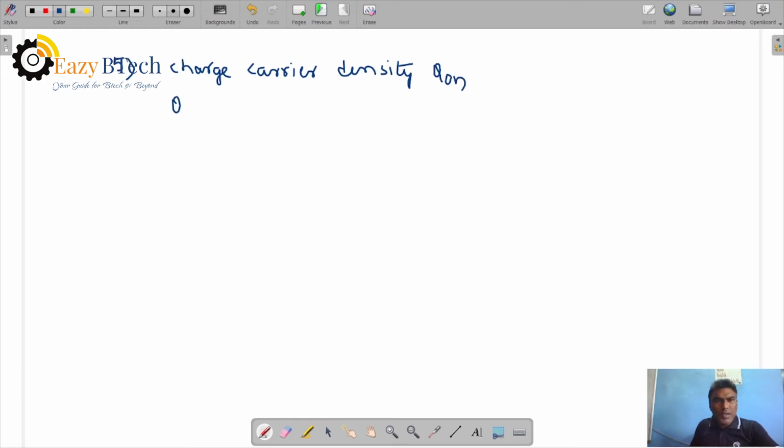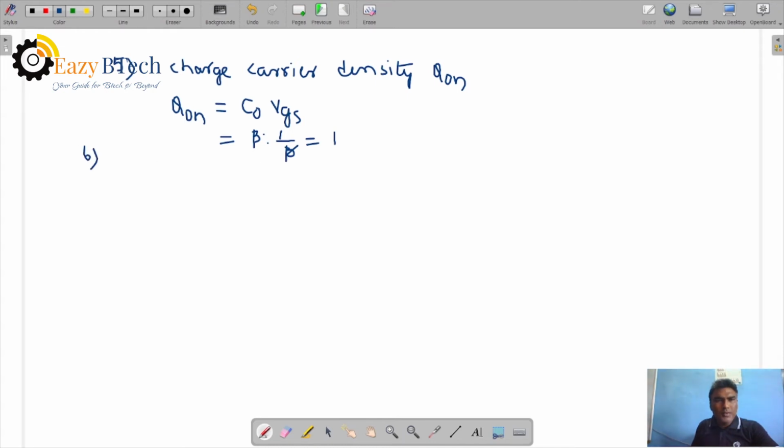So the charge carrier density in the transistor channel is C naught into VGS. C naught is the capacitance per unit area, and VGS is the gate to source voltage. C naught is scaled by beta, as we have seen previously. VGS is scaled by 1 by beta. So this will be equal to 1. So charge carrier density is equal to 1.